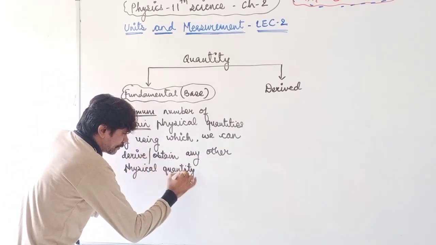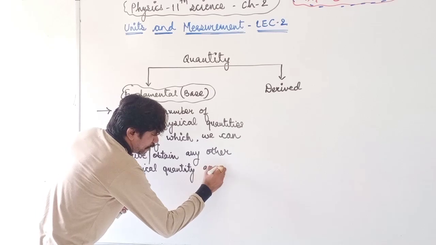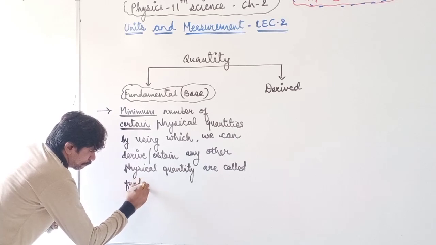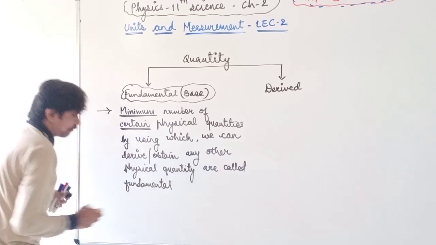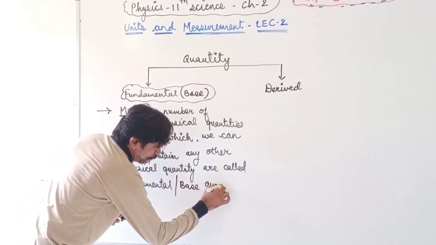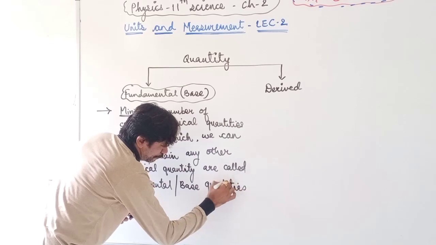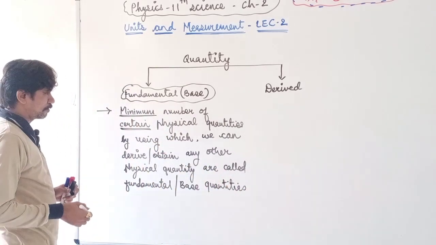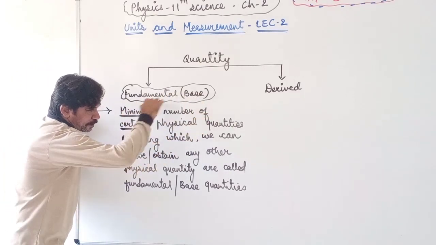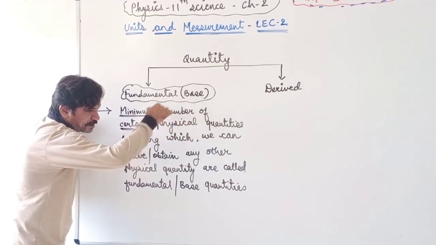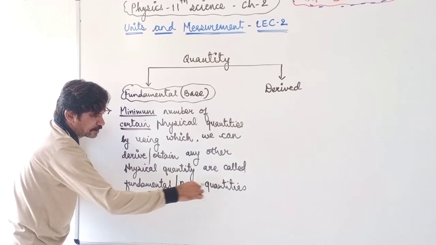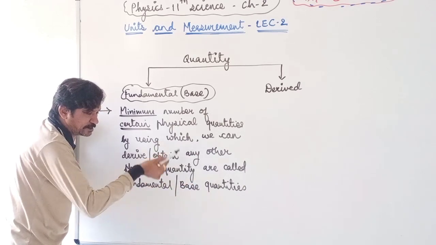We can derive any other physical quantity from them. So you have to understand this definition in this manner: certain or minimum physical quantities are called fundamental or base physical quantities. Meaning is in the definition.